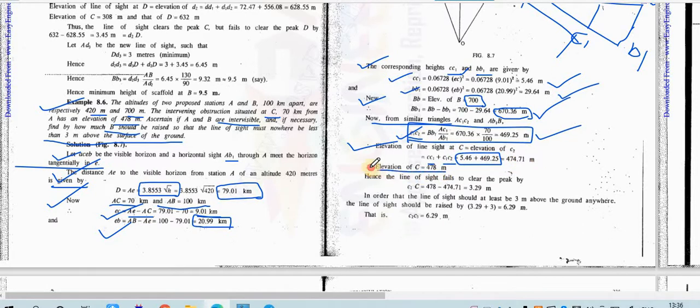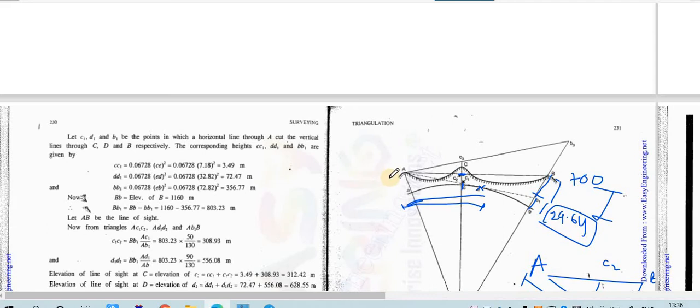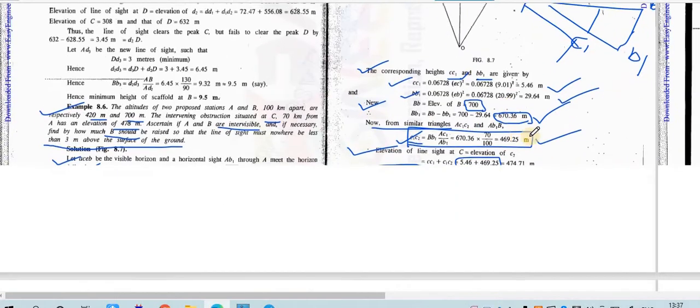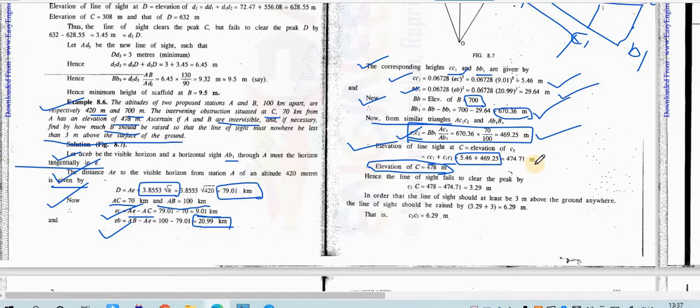So we have got the elevation of C, this is your main line of sight. This is the actual line of sight which has been passing. As you can see, it has been obstructed by your ground. So with the help of this we can find out that this height is coming out to be 474.71, and the actual height of C is 478.